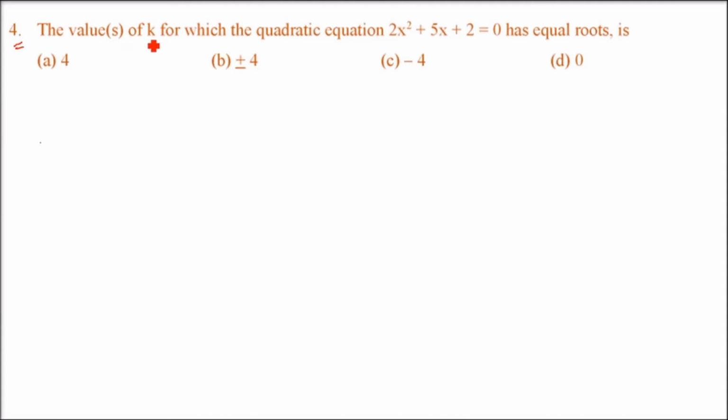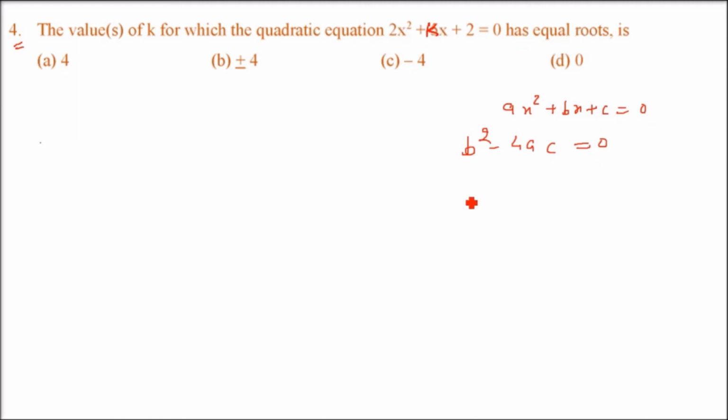The next question is the values of k for which the quadratic equation 2x square plus kx plus 2 has equal roots. We know that for equal roots of any quadratic equation ax square plus bx plus c equals 0, b square minus 4ac will be equal to 0.